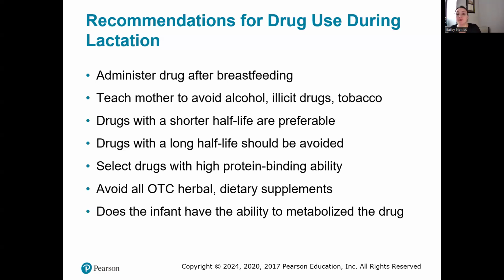If I take my medication right then, the breasts are empty, so there's no milk in them. As the milk is being created, the medication is already being absorbed and metabolized by my body. My body is already trying to excrete the medication, so the milk being made will not have the drug, because it's already being metabolized.